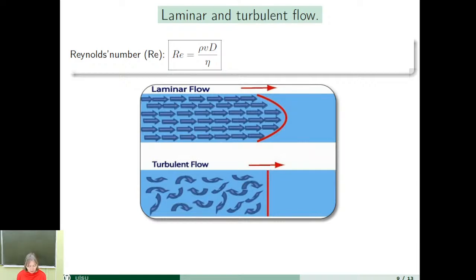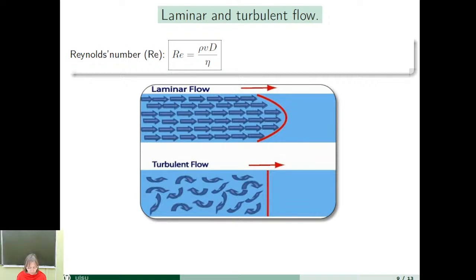and is determined experimentally. The critical value of the Reynolds number for cylindrical tubes at which laminar flow turns into turbulent is 2000 or 2400.